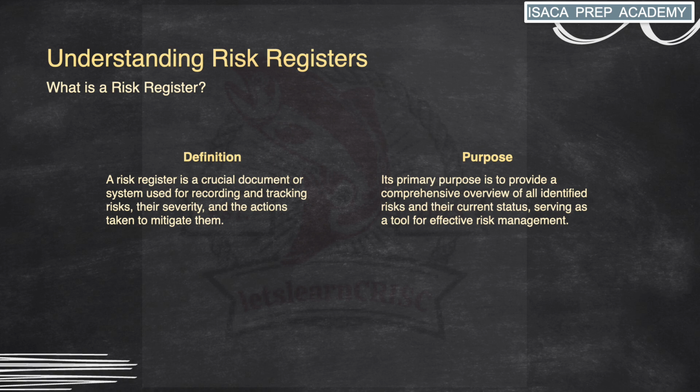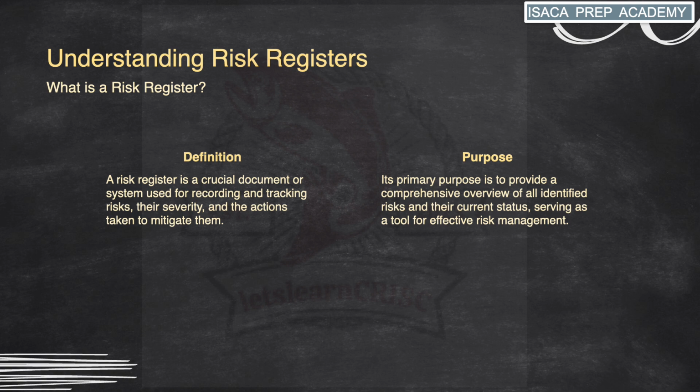Additionally, the risk register facilitates communication and collaboration among stakeholders by providing a common framework for discussing and managing the risks. And by regularly updating and reviewing the risk register, organizations can proactively identify emerging risks, monitor the effectiveness of mitigation measures, and make informed decisions to protect against potential threats.